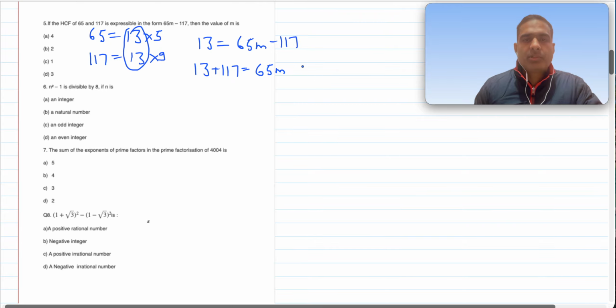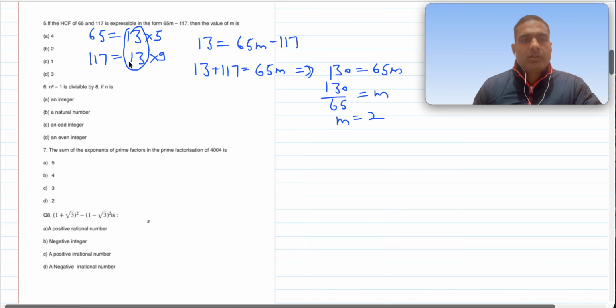So 13 plus 117 is 130, equal to 65m, and if I divide by 65 on both sides, we get m as 2. Here it is, 130. So the value of m will be equal to 2.